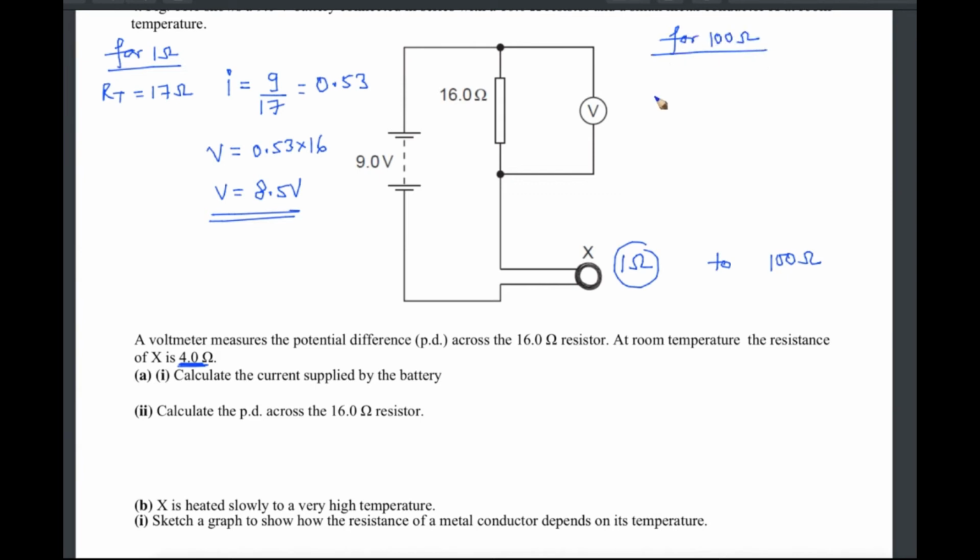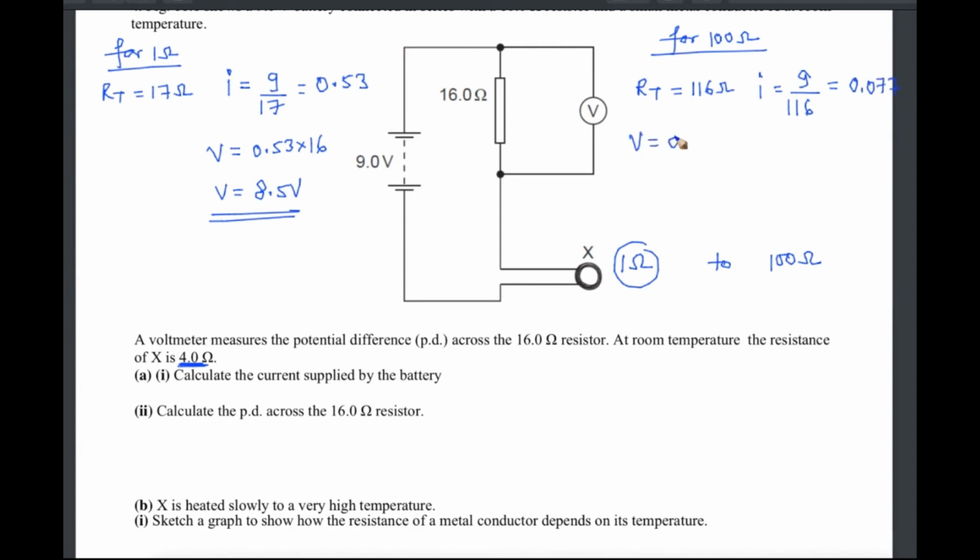100 ohm. So the total resistance would be 116 ohm, because 100 plus 16, current would be 9 divided by 116, which is 0.077.